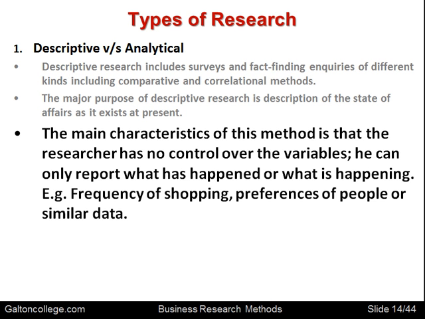So with descriptive research, the researcher reports what is. The researcher does not have any influence over what is. The researcher must be honest and report what is happening. What is the situation? But the researcher cannot influence or change or modify any of the observations.